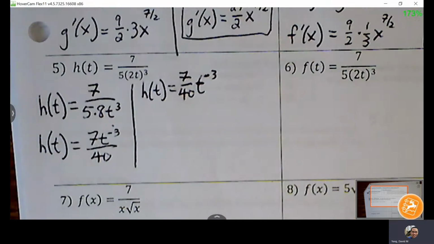Okay, so now I do power rule, right? Bring that exponent down, multiply, subtract 1 from the exponent.